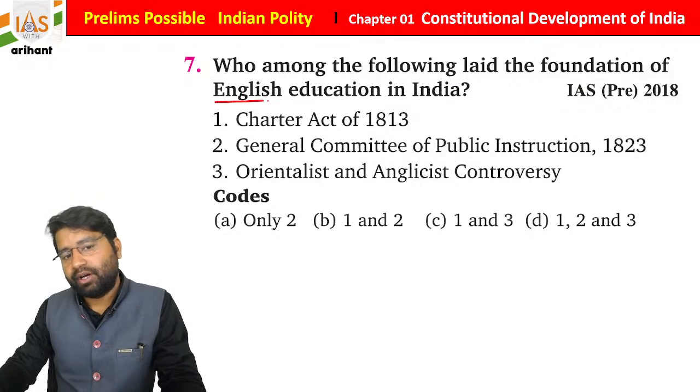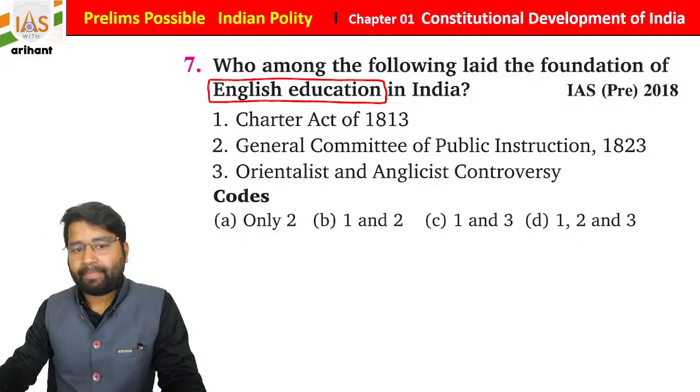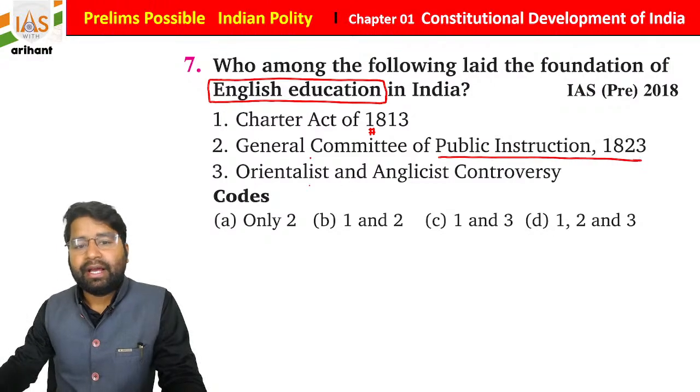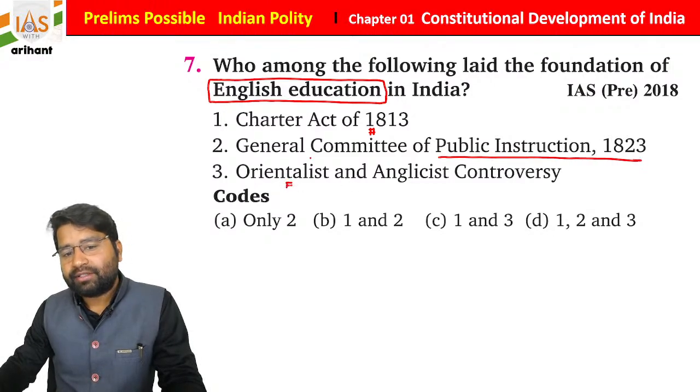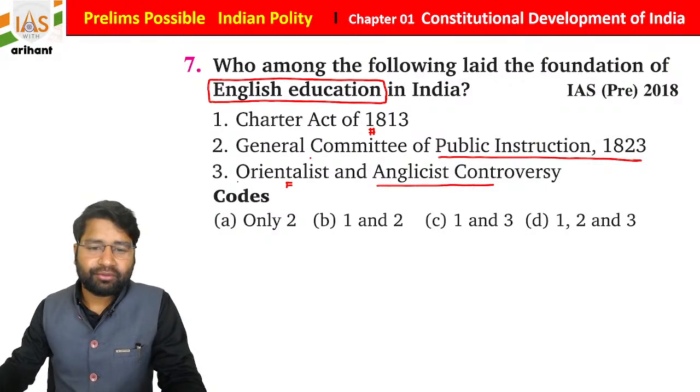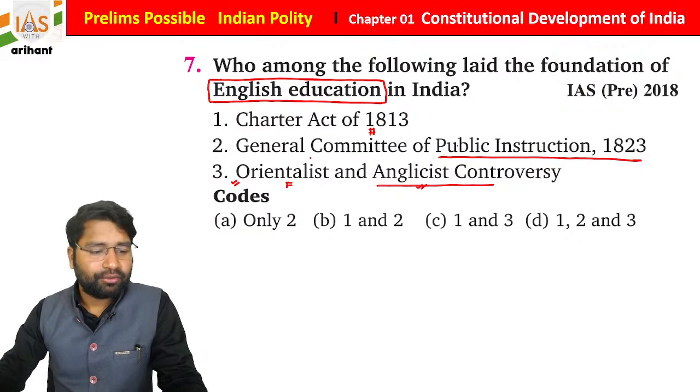Now, English education in India was introduced by? It is the Charter Act 1813. It is the General Committee of Public Instruction 1823. Okay, as well as the Orientalist and Anglicist controversy. So students, if you don't know about the Orientalist and Anglicist controversy, let me tell you one thing.